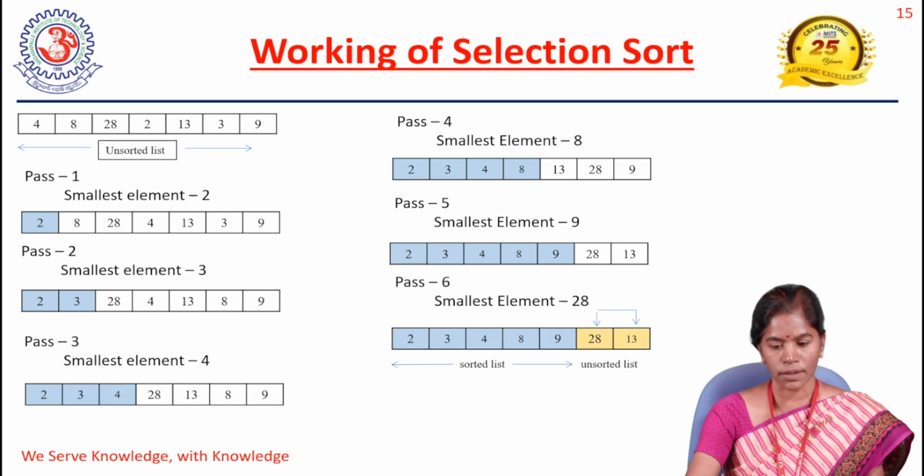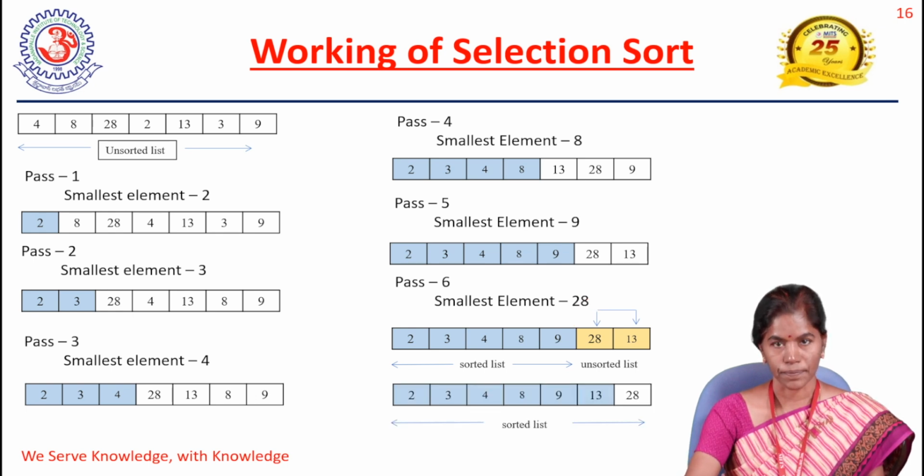Pass 6. The smallest element is 13, and 13 and 28 should be swapped. At the end of pass 6, we can observe that all the elements are sorted.